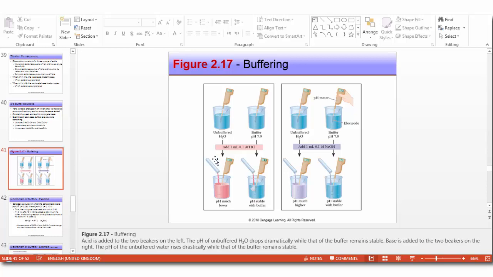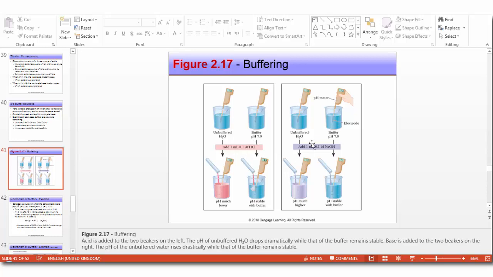So delta pH here is 4, whereas delta pH here is only 0.1. This is because of the working of the buffer. The buffer resists changes in pH upon the addition of a small amount of strong acid like HCl.